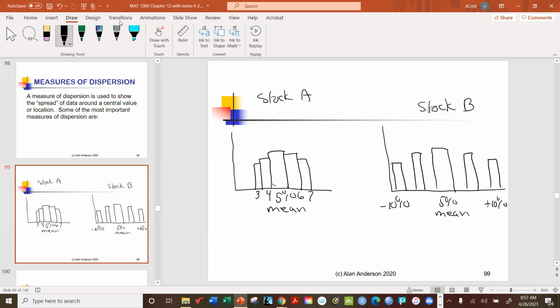Okay, so the idea here is that for this stock, the range of returns is between 3 and 7. By the way, I don't need these percent signs because it's already understood from the axis that these are percentages. But all returns are within 4% of each other.